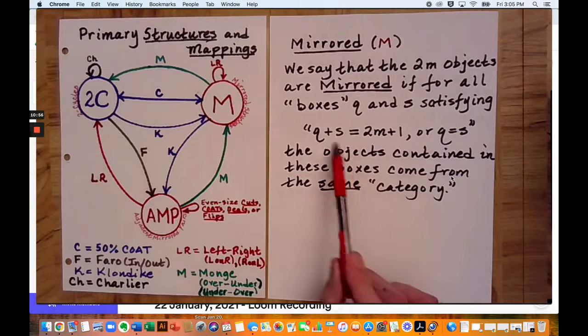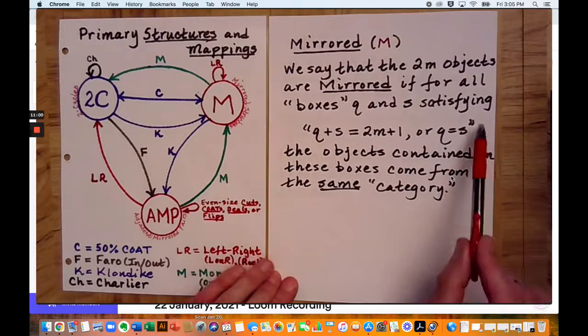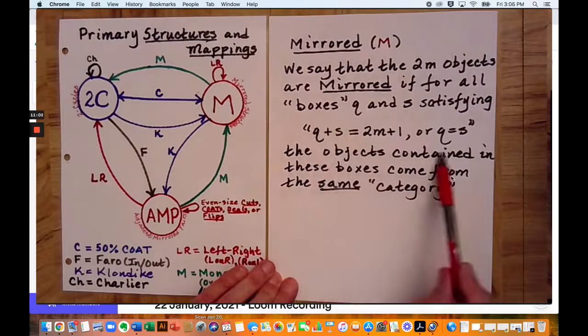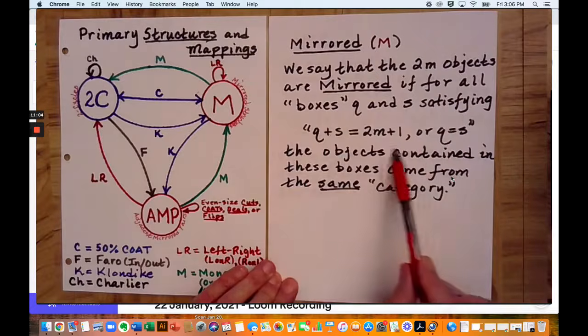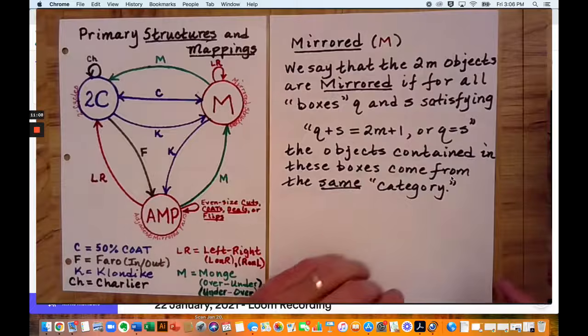Now you may want to think about, what does this do? What condition does that put on the relative order or positions of the boxes? And we'll see what that is in a minute.